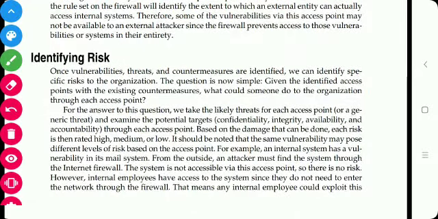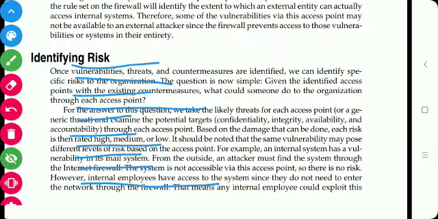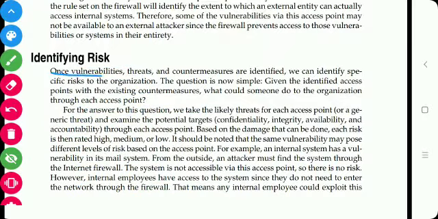So identifying risk means once the vulnerabilities, the threats and the countermeasures are identified, then we can identify the specific risk of the organization. So what is the question to identify the risk?